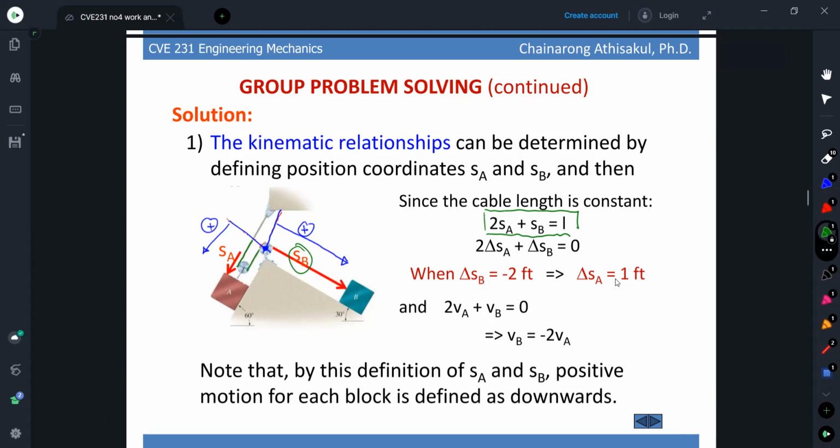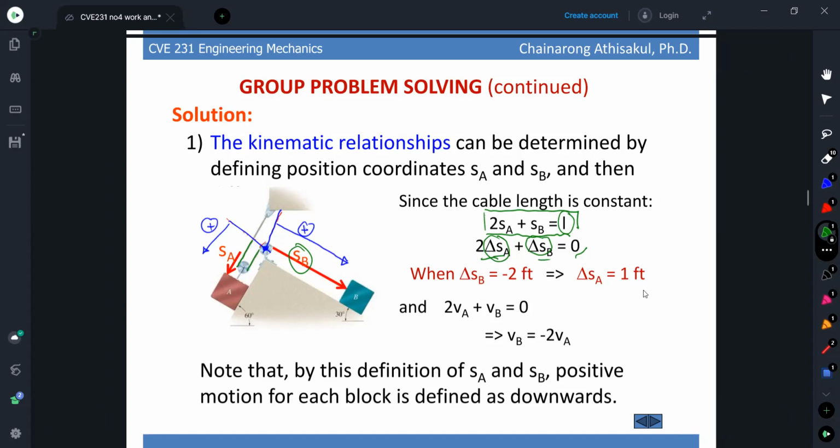When we find the difference in length, because the length is constant, the difference of length is 0. So we have 2 times the difference in position of block A plus the difference in position of block B equals 0.